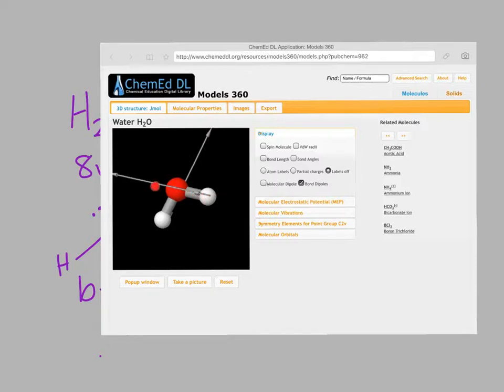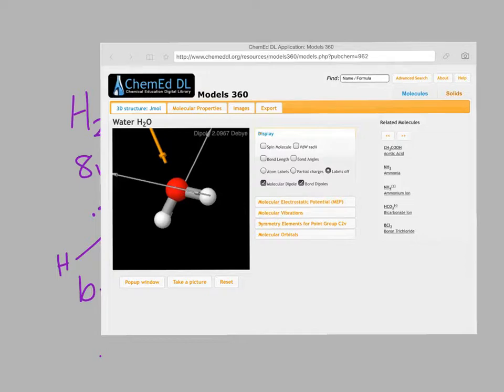The dipole is being pulled towards the oxygen because oxygen is more electronegative. And then if we look at the molecular dipole, oh, I have the wrong thing. If we look at the molecular dipole, you can see that the molecular dipole is up this direction.